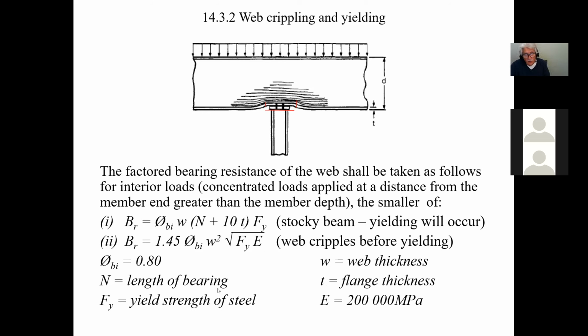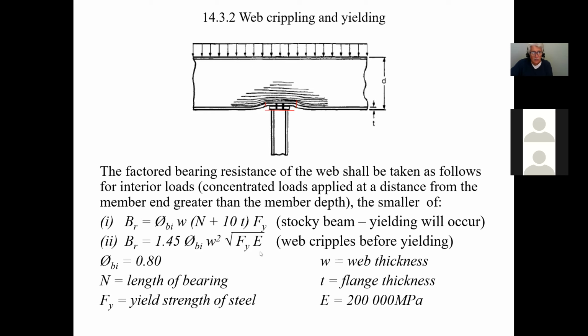Fy, of course, is the yield strength of the steel, in this case the steel of your beam. And E is 200,000 MPa, the assumed value that we use for structural steel. So those are all your variables. And all they're doing here is taking the bearing and adding 10 times the thickness of the flange, because they're able to go out a little bit further to get a bigger area.